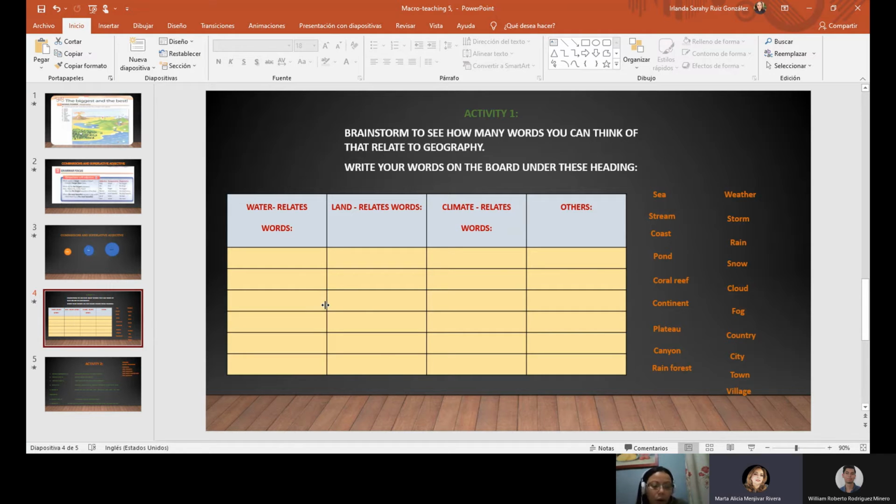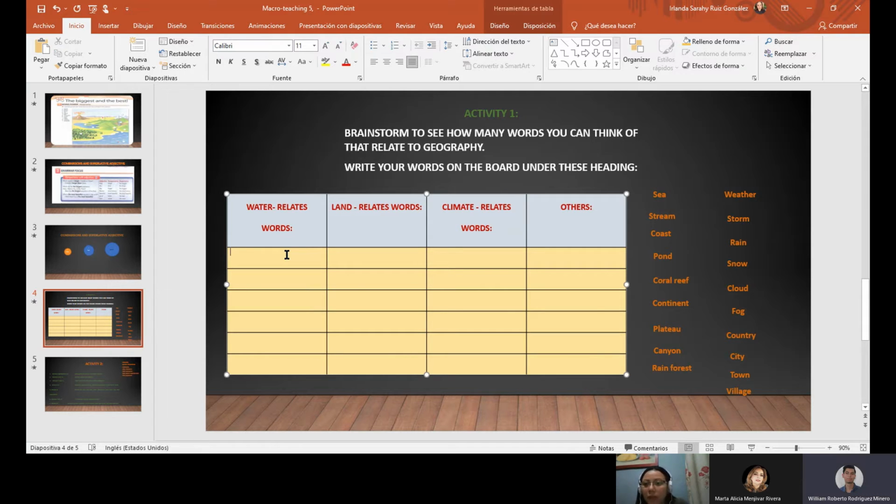But before, I want to know if you understand what I'm teaching at this moment. Activity one is a brainstorm to see how many words you can think of that relate to geography. You have to write your word on the board under this heading. Okay. Perfect. Understood.